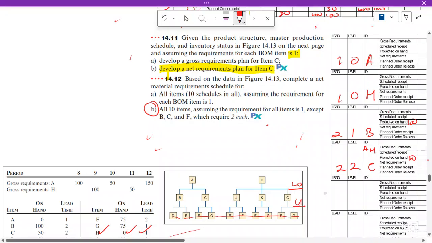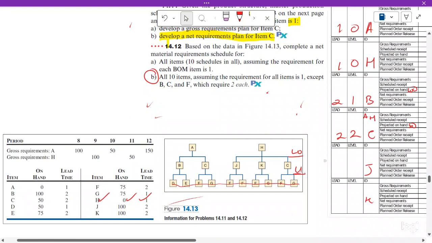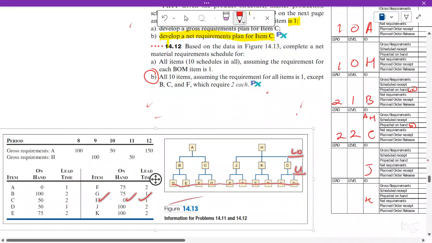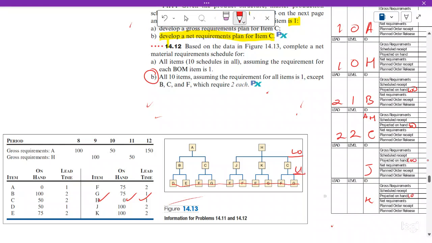Followed by J and K. J, we have 100 on hand. Also K, 100, 100. So, J and K, they both come from H. And they require both 2 weeks.